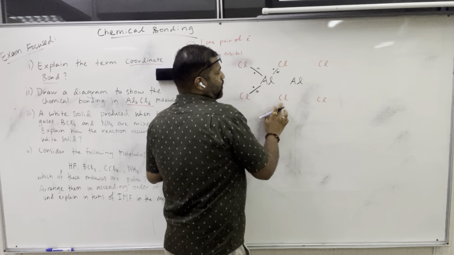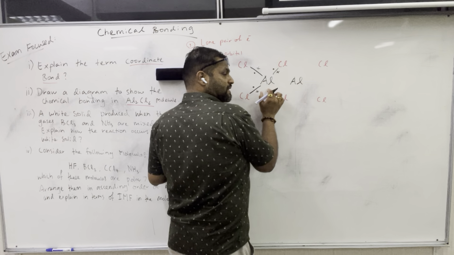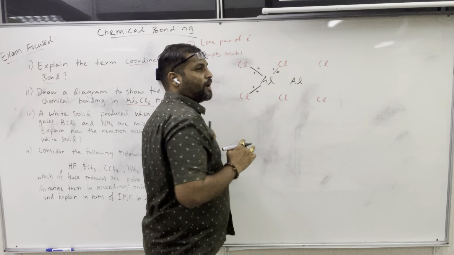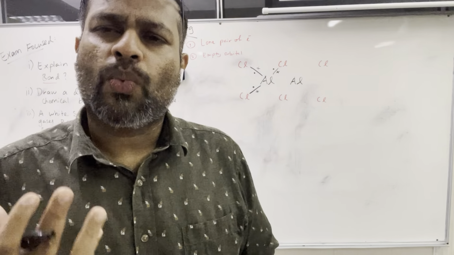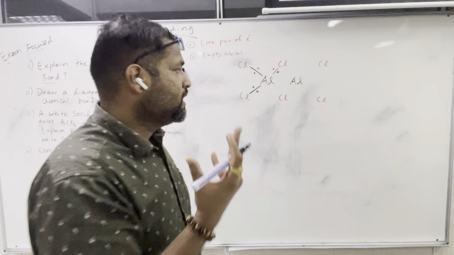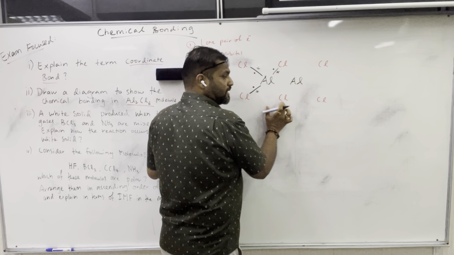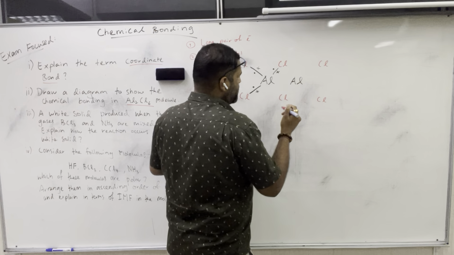Now, another chlorine. As I told you earlier in my previous session, AlCl3 is an electron deficient compound. What is the meaning of electron deficient compound? It is a compound that lacks electrons to achieve the stable octet configuration. So in order to achieve a stable octet configuration, the other chlorine will come here to form a dative bond.